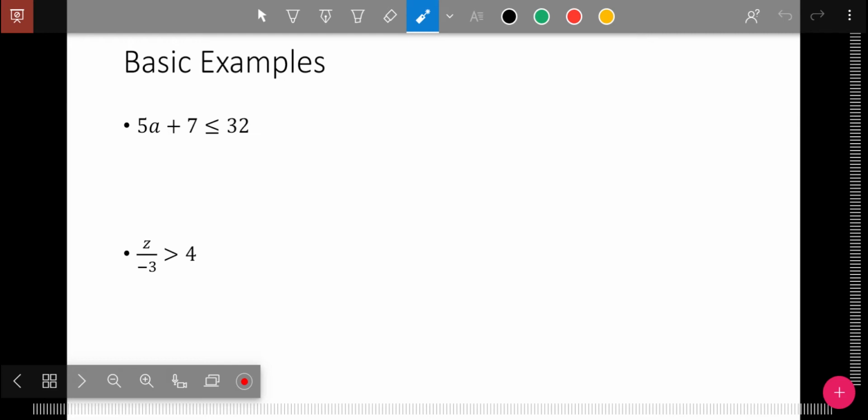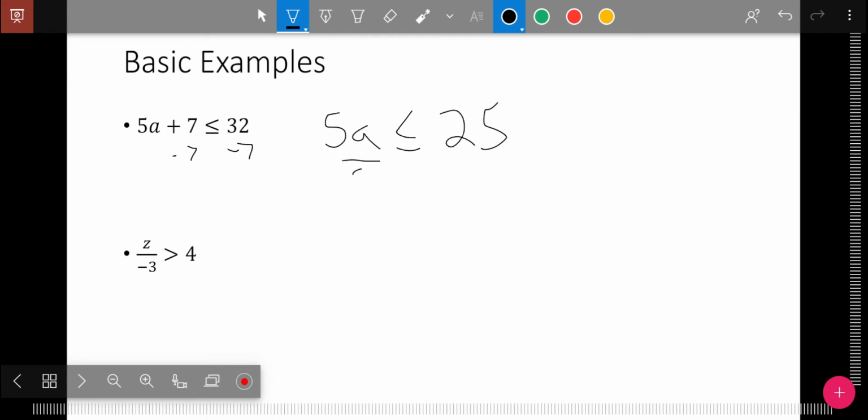So let's look at this first example. 5a plus 7 is less than or equal to 32. Let's not worry about the less than or equal to; let's just solve it like we would. We'll subtract 7 from both sides. I get 5a, and I would say equals 25, but I'm not going to change the sign. I'm just going to leave the sign the same.